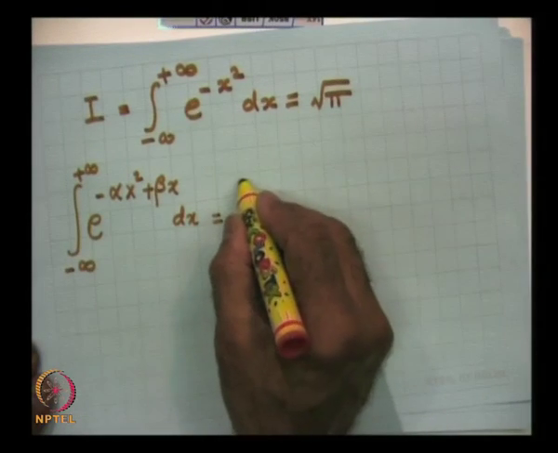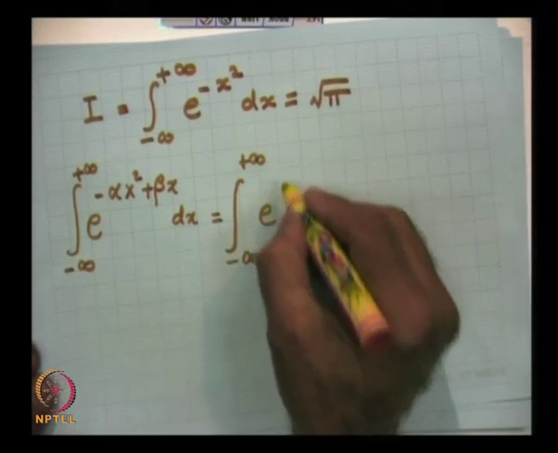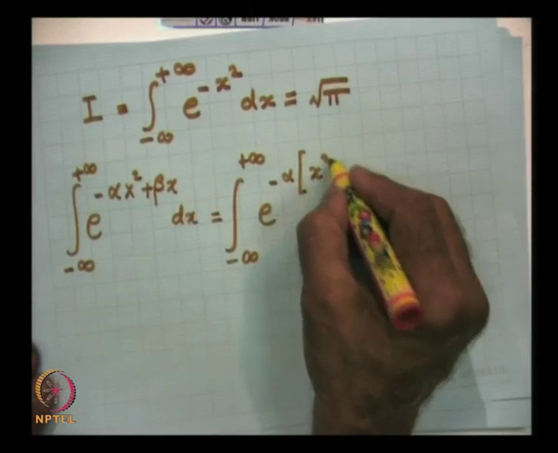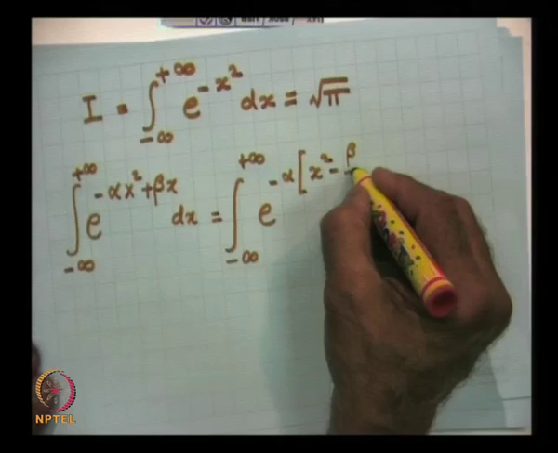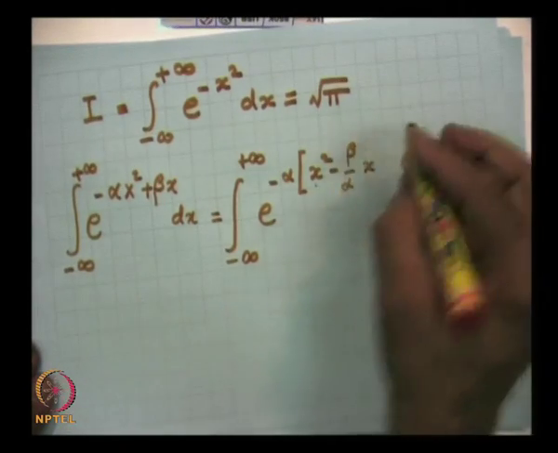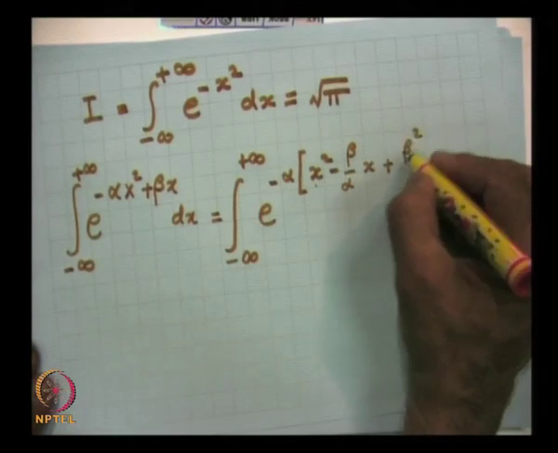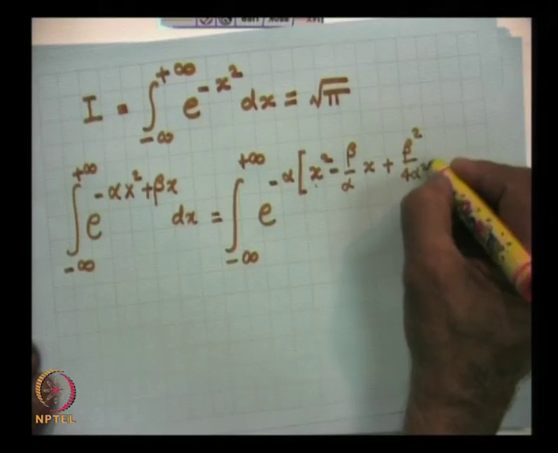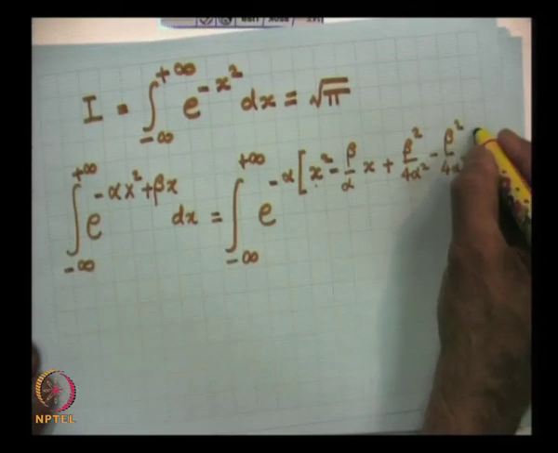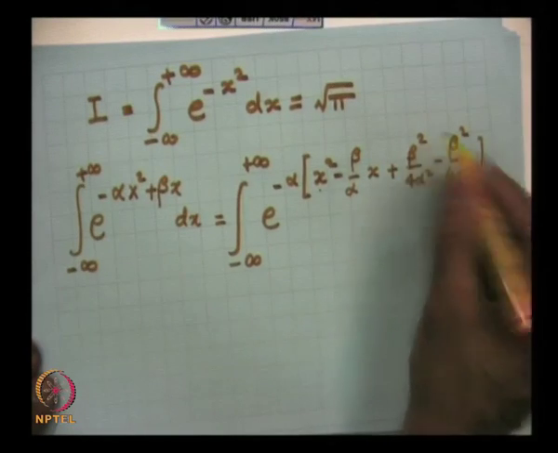So, you get minus infinity to plus infinity e to the power of minus alpha, and then you get x square minus beta by alpha into x, and then if you want to make a whole square, you have to add and subtract beta by 2 alpha whole square. So, beta square by 4 alpha square, and then minus beta square by 4 alpha square multiplied by dx.